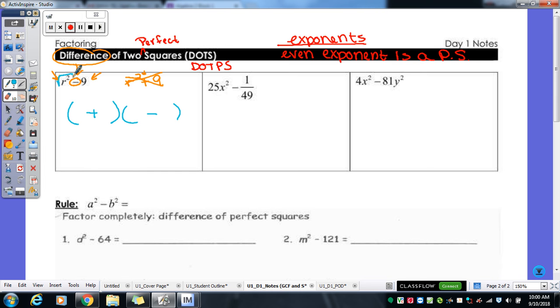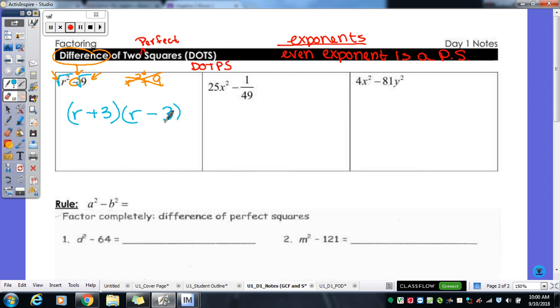In this case, it's our variable, the r squared, which with any exponent, all you have to do is divide that number by 2. So 2 divided by 2 gives me r to the first and r to the first, and those go in the first 2 spots because it's the first term. And then you take the square root of the second one. What's the square root of 9? 3. So you write that in the other 2 spots. So r minus 3, r plus 3, or r plus 3, r minus 3 as I have written.